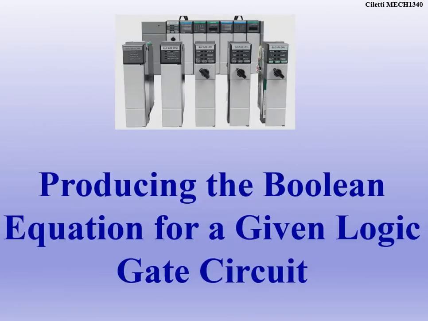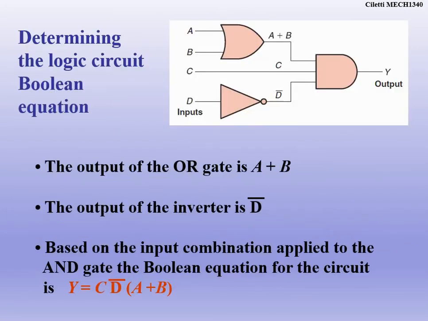Alright, so now we got to go from a logic circuit to a Boolean equation that we're going to create here. So now we have the logic gates that are given, and we're going to create the Boolean expression. So we can see that A and B go through an OR gate, and those get ANDed with C, and they also get ANDed with not D. So everything that's ANDed is multiplied, and everything that's ORed is plus.